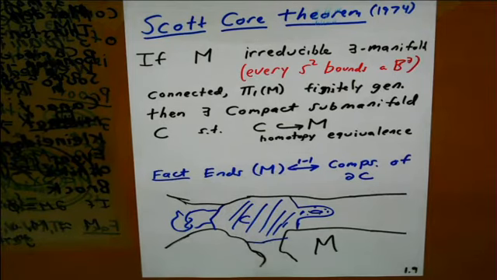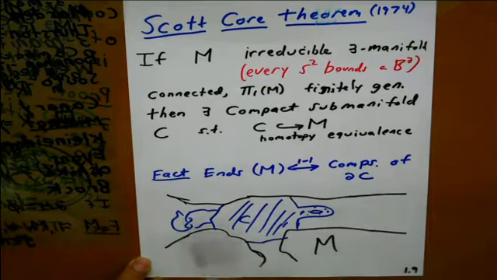And an end is like various things in life that are difficult to explain precisely, but when you see one, you recognize it. You know what it is. As a first approximation, and for this discussion it's good enough, think of an end as a component of M minus the compact core.